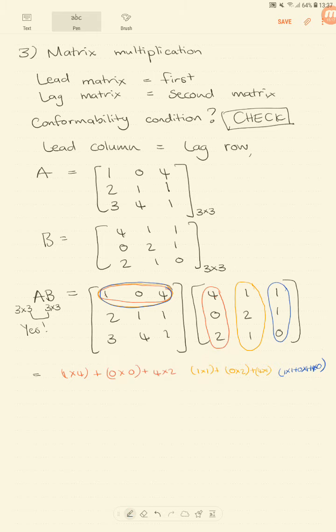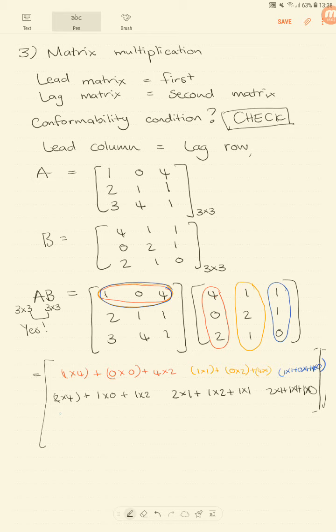And you do the same for the other rows. So you end up with row 2, column 1 is 2 times 4 plus 1 times 0 plus 1 times 2. Row 2, column 2 is 2 times 1 plus 1 times 2 plus 1 times 1. Row 2, column 3 is 2 times 1 plus 1 times 1 plus 1 times 0.